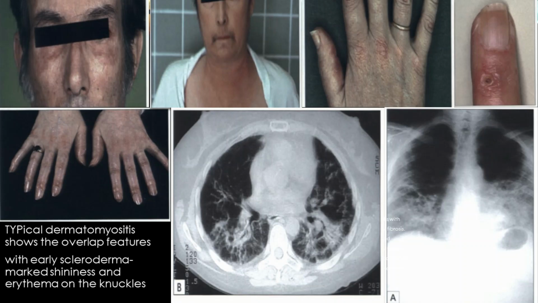And also, which is a very important part of anti-synthetase syndrome, we have interstitial lung disease in plain radiograph and in CT. Here you see the CT imaging of interstitial lung diseases.